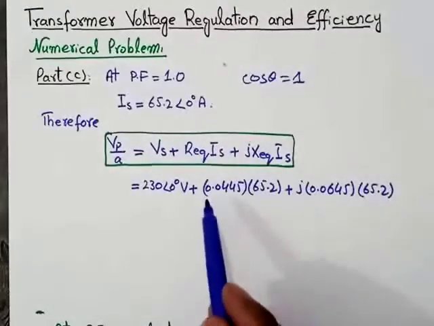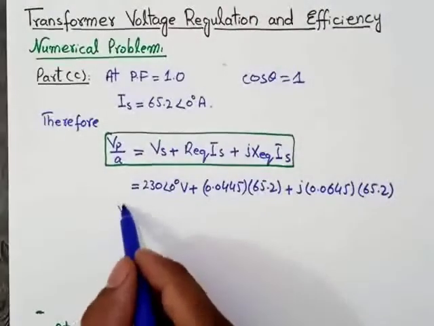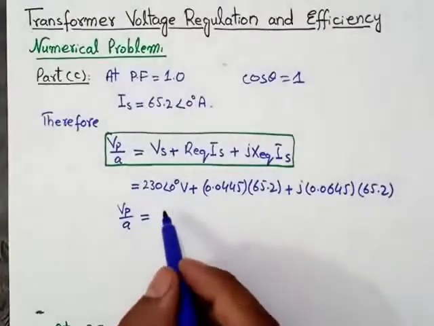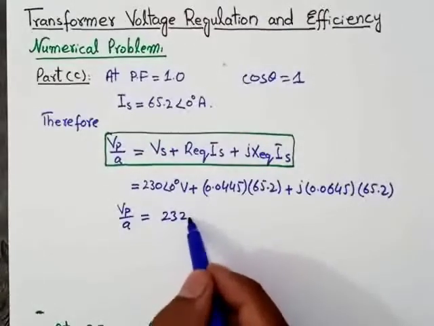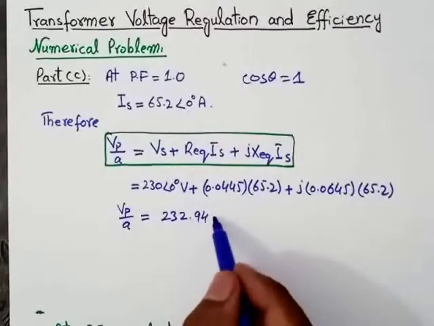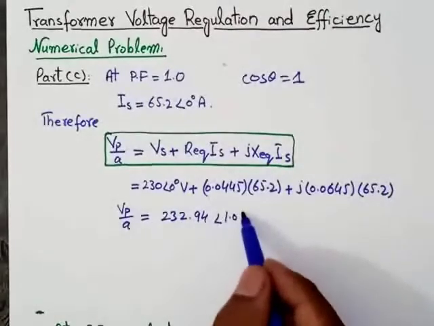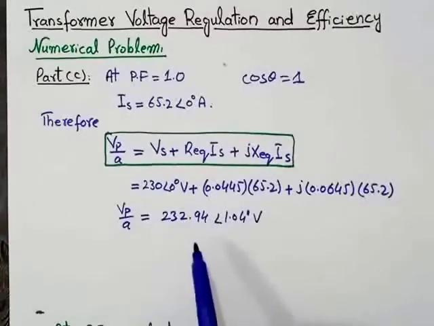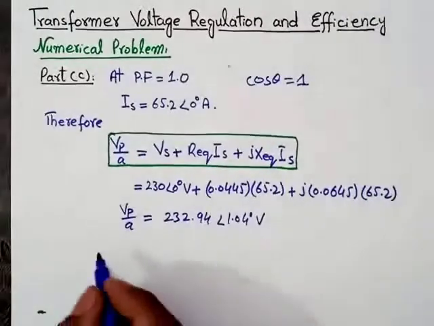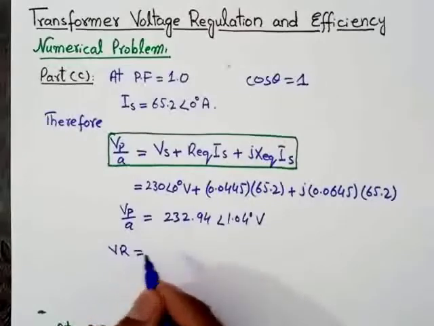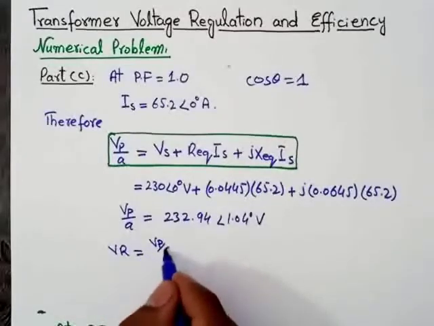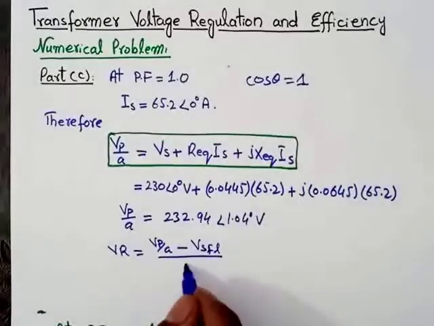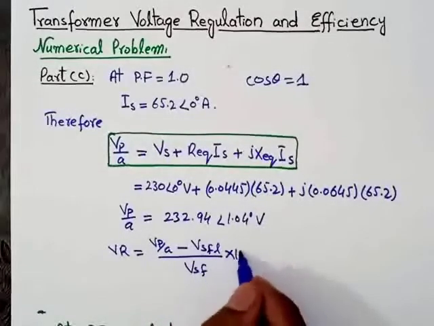Now after solving this, we get the value of Vp over A is equal to 232.94 angle of 1.04 degree volt. Now, this is the no load secondary voltage. Similarly, we will find the voltage regulation: VR is equal to Vp over A minus Vs full load, divided by Vs full load, into 100.